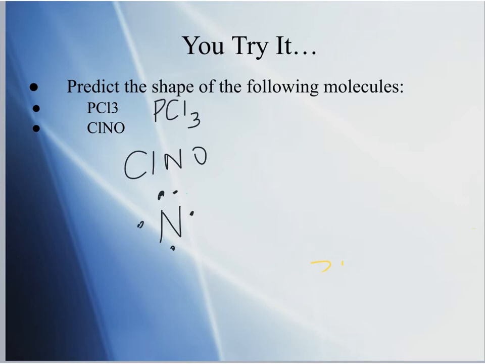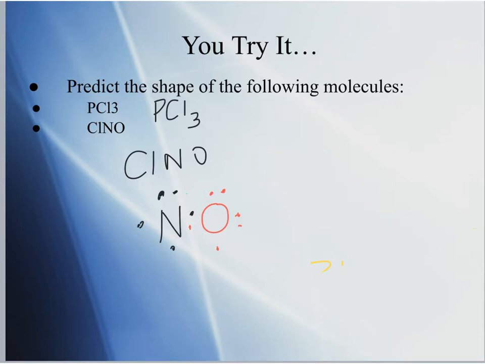We always start with the atom that needs to make the most number of bonds. So that's why nitrogen's in the middle. And then we do the atom that makes the second most number of bonds, which is our oxygen. So oxygen has 1, 2, 3, 4, 5, 6. And then we put our chlorine.